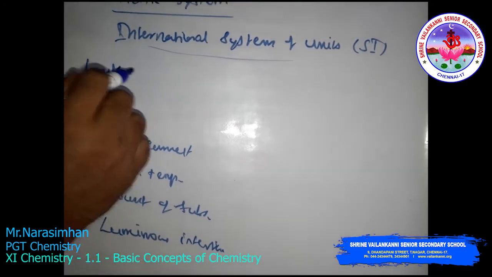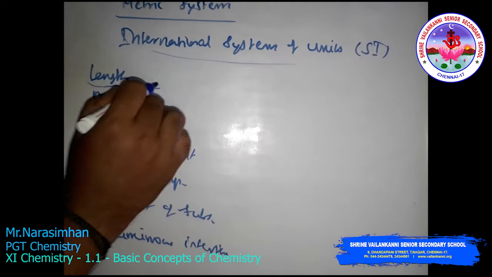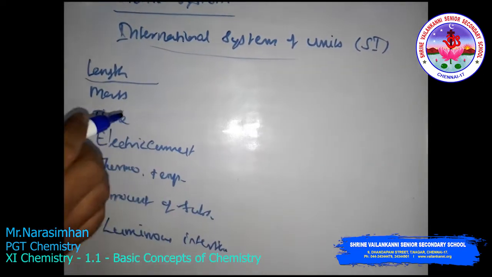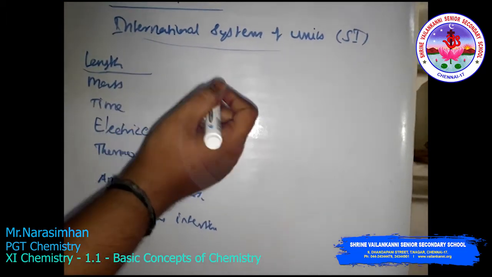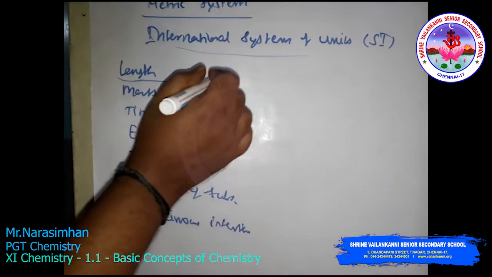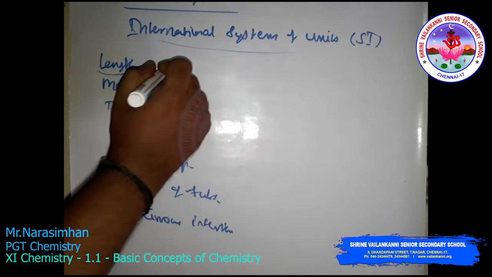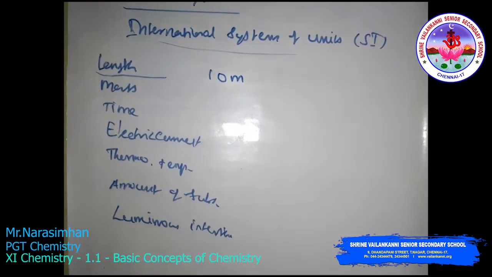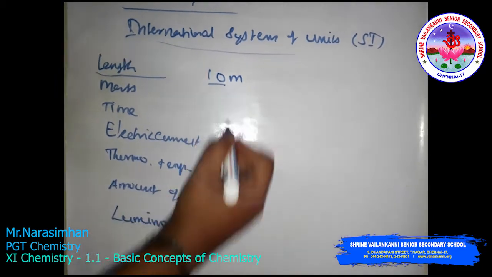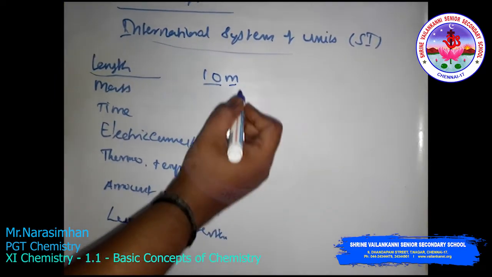Usually, the unit of length. What is the unit of length? For example, when you measure a room or an area, for example 10 m. Here 10 is the number and m is the unit, called meter.